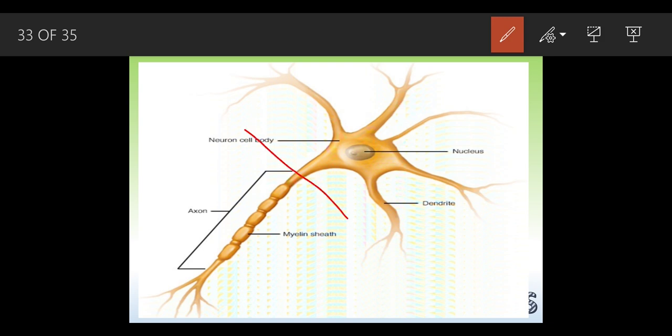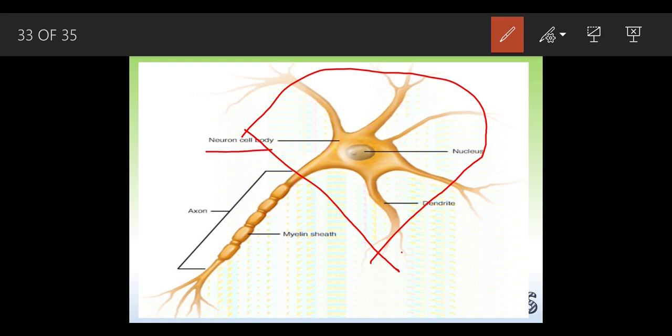This part, okay, only this part which I marked, the head part, is called the neuron cell body, or it is also called the cyton.